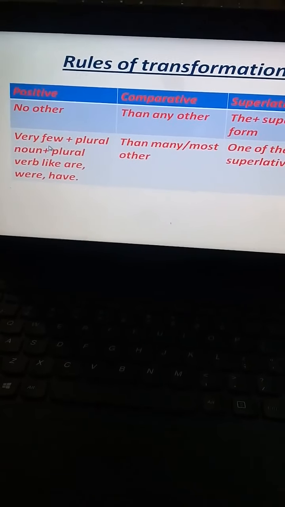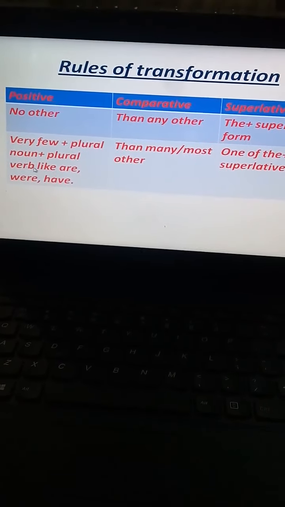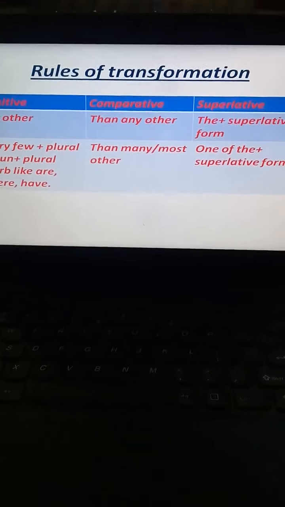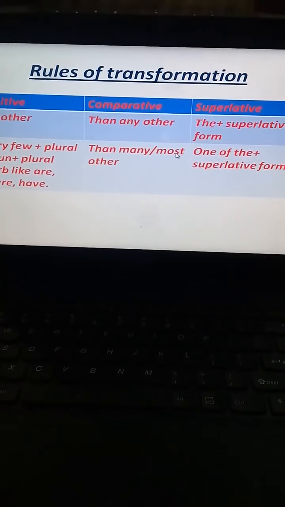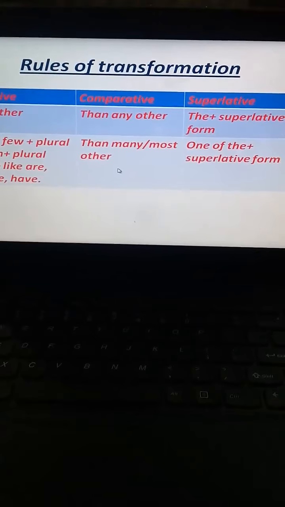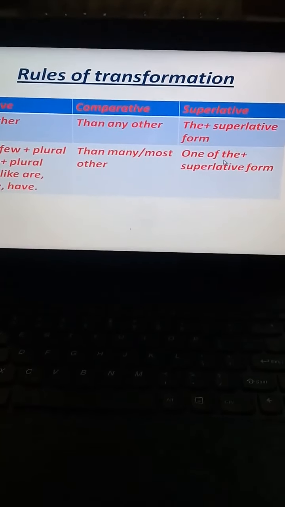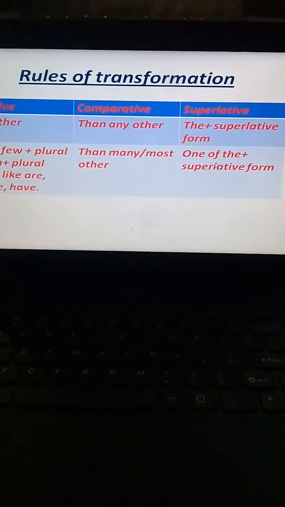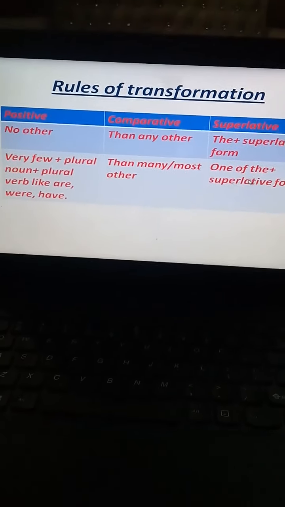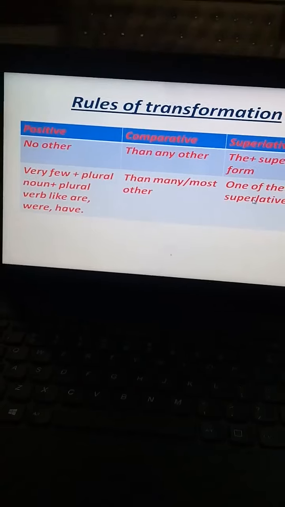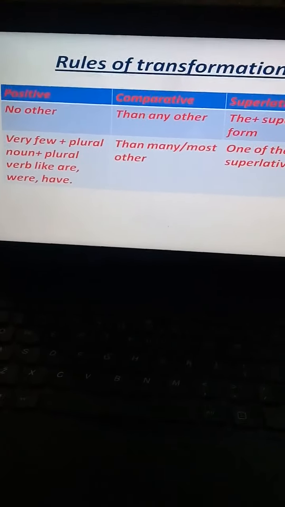And if you find very few with plural noun and plural verbs like are, were, have, you have to write than many other or than most other in comparative degree. And in superlative form, you have to write one of the instead of article the with the superlative form. This is the brief description of that long table. This is a short table.